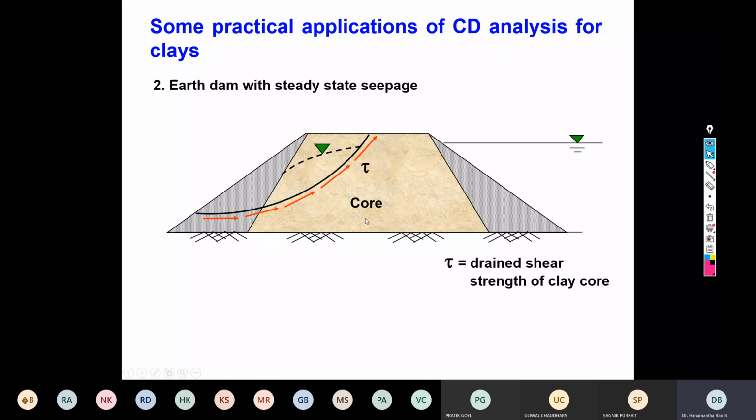When you go layer-wise, the bottom layer has water and soil. When you put the top layer, there is some delta sigma on the bottom layer. Since water is also there, an undrained condition prevails at the bottom layers. That's why all constructions, during construction, are under undrained condition, not drained condition.